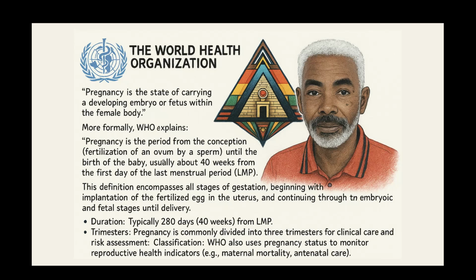So the duration is 280 days or 40 weeks from the last menstrual period, and it's divided into three trimesters, first, second, and third, respectively. The classification is used to monitor reproductive health indicators, for example, maternal mortality and antenatal care.